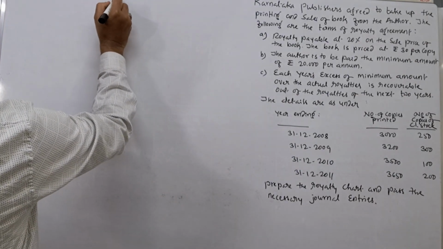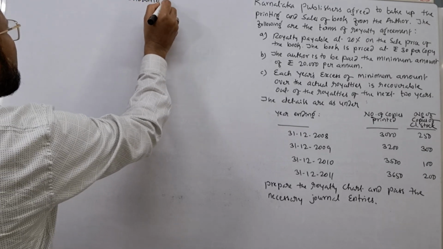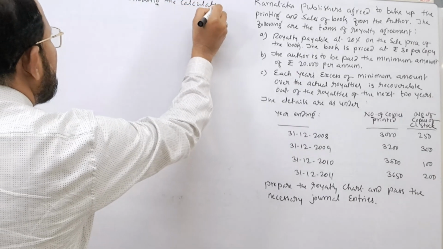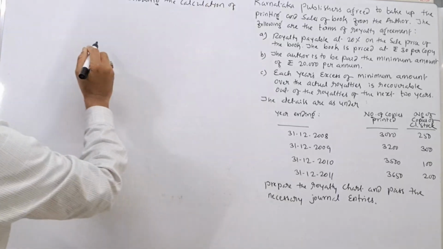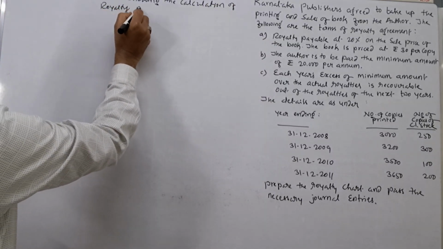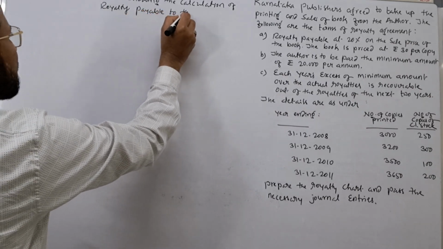That is a table showing the calculation of royalty payable to the author.